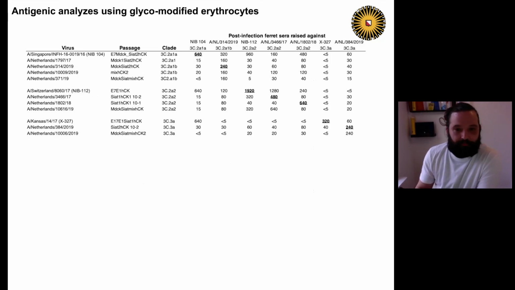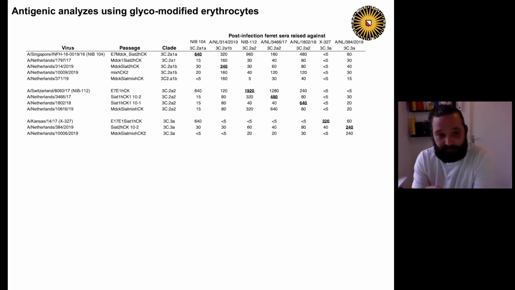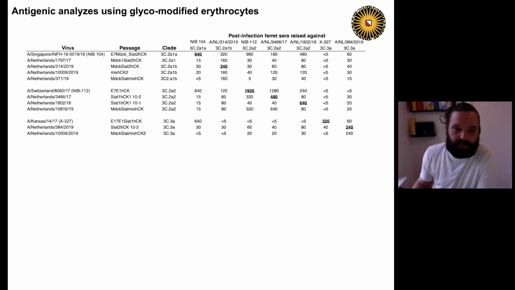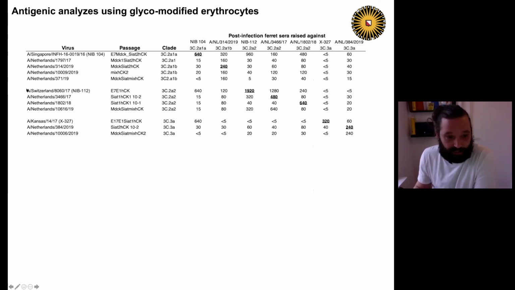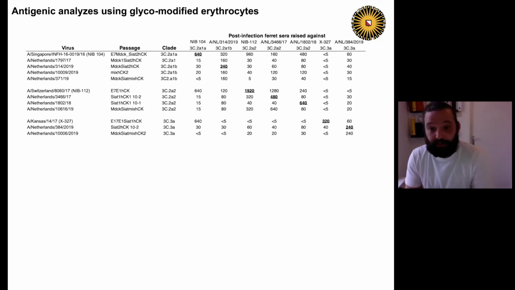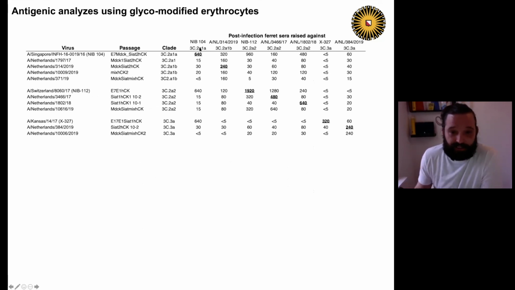So the next step was to do hemagglutination inhibitions with these glycan-modified erythrocytes. That's what we did. We have a couple of viruses that were in circulation at the time with their corresponding vaccine strain, and post-infection ferret sera, which we got from Erasmus University in Rotterdam. We can see that the homologous titers using these erythrocytes are very high.